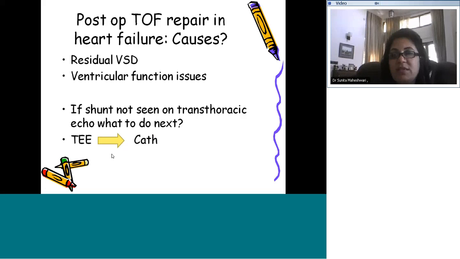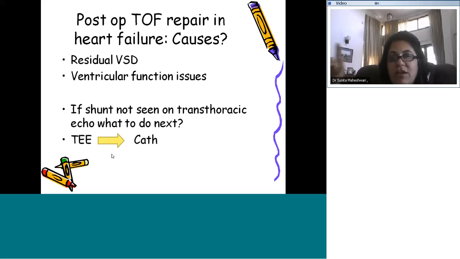Many times it's a small baby, we don't have the TEE probe, we're not able to do the TEE, fair enough. But if we can do the TEE, then that is something to consider before taking up for a cardiac cath. If you're thinking this could be a collateral that's causing a bleed, there are other things, then a cath is fine because you can do an LV gram, aortogram, you get all your information.